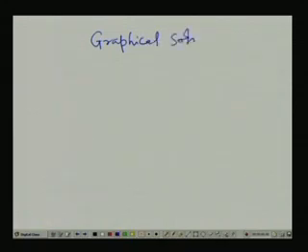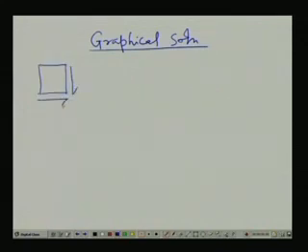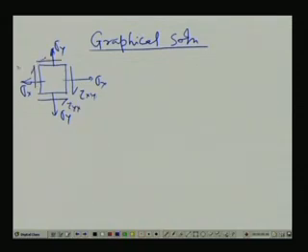Now, in this graphical solution, if we look at this as an element, as we have seen earlier, this is sigma x, this is sigma y, sigma x, then tau xy, tau yx, the same manner we get.